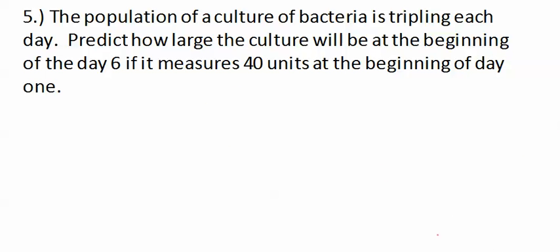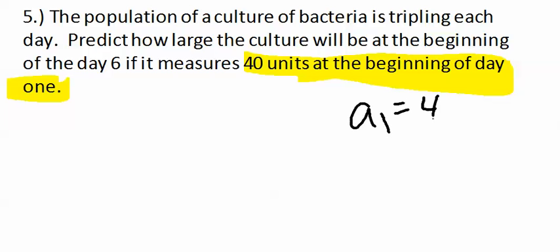And we're going to finish off by putting it into a real world situation. The population of a culture of bacteria is tripling each day. Predict how large the culture will be at the beginning of day 6 if it measures 40 units at the beginning of day 1. So right here, the 40 units at day 1, that's our first term. Our common ratio is the tripling, so r equals 3.